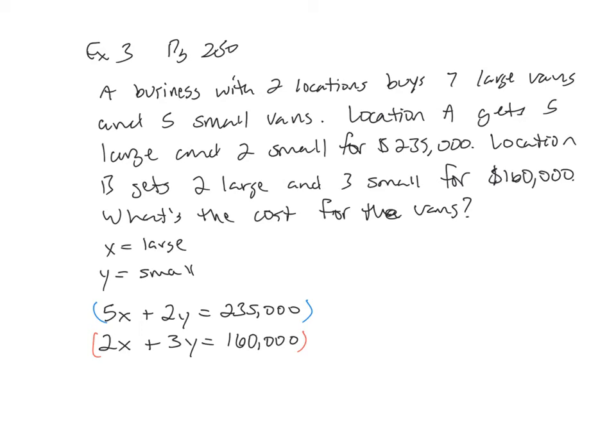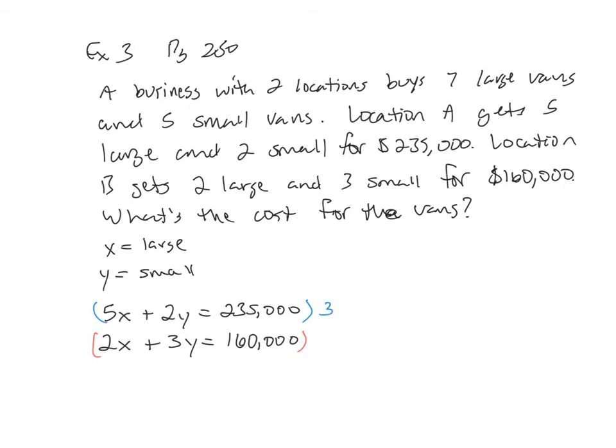It doesn't matter if you work with x's or y's. I can make a 5 and a 2 into a 10, or a 2 and a 3 into a 6. I always go with the small number because the numbers will end up being smaller.